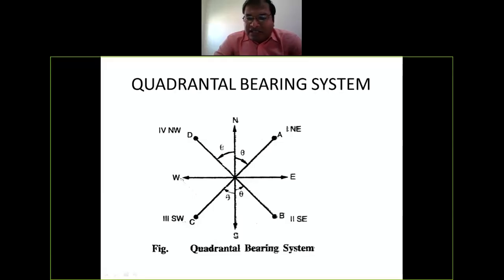So we will always measure the angle with respect to south direction. You can see I have shown the arrow. And this is OD survey line. Here, whichever pole is nearer, that is north pole. So we will measure the angle here with respect to north direction. You can see the arrow. So in quadrantal bearing system, we follow the north pole or south pole, whichever is nearer to the survey line. Accordingly, we have to move.